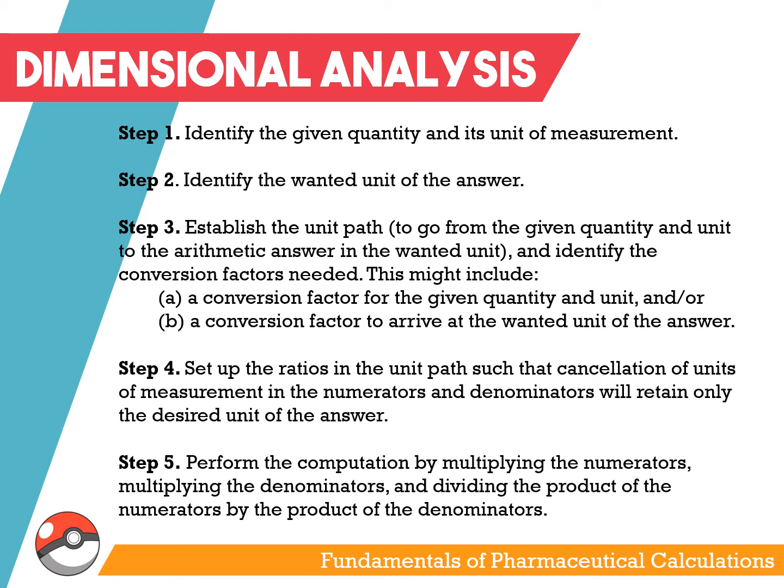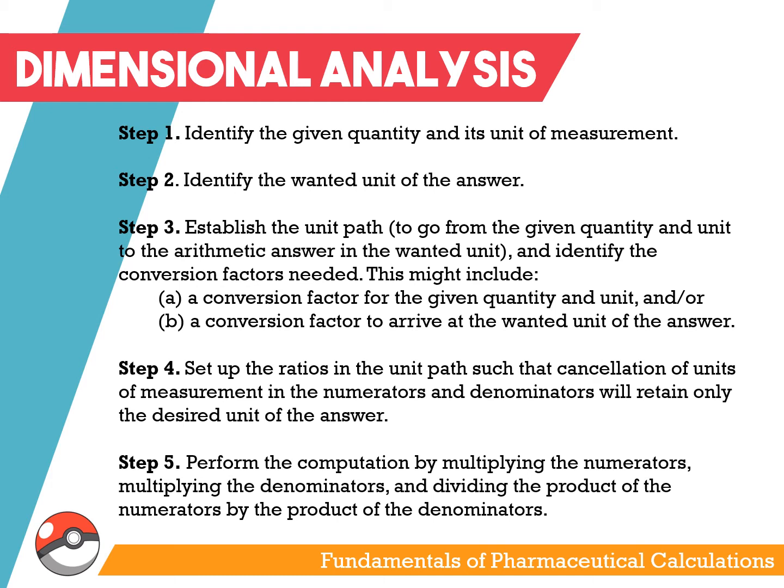Next, step 3, you should establish the unit path and identify the conversion factors needed. So this might include letter A, a conversion factor for the given quantity and unit, and or a conversion factor to arrive at the wanted unit of the answer. So there's a list of conversion factors that will help make our lives easier.